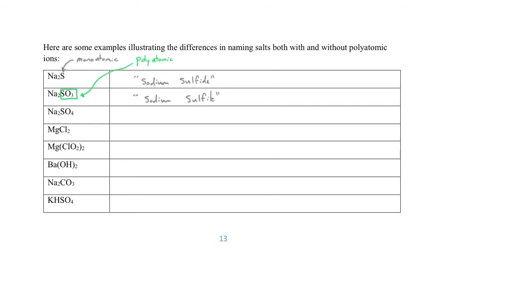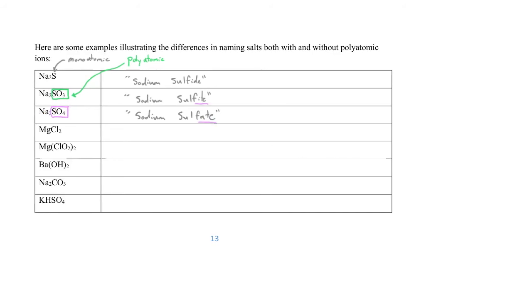We have 4 oxygen atoms instead of 3. So where we found that SO3 was called sulfite, this, SO4, is called sulfate. So we have the same metal here, sodium, and then a different polyatomic anion, and that's called sulfate. So this is called sodium sulfate.